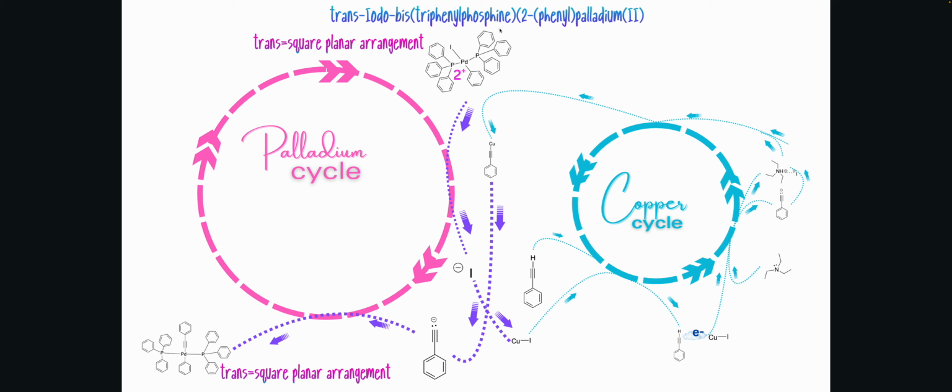So take note that this molecule right here is an intermediate. This is not the catalyst that we weighed and measured on a scale and then put into a flask to react. It's not that. This is the result of what was put in the flask to react. In other words, an intermediate.